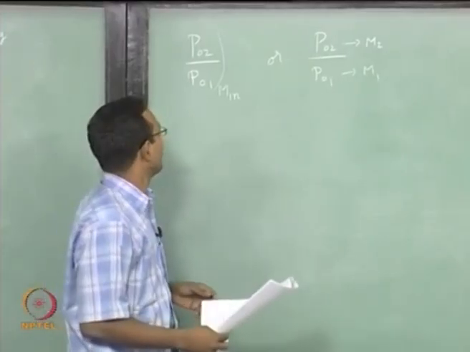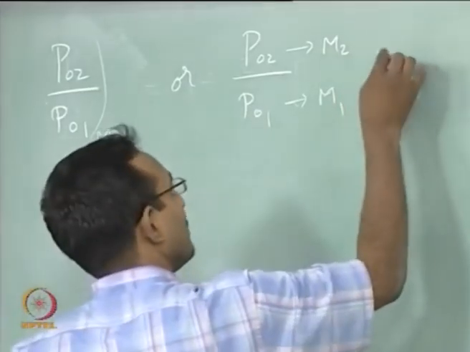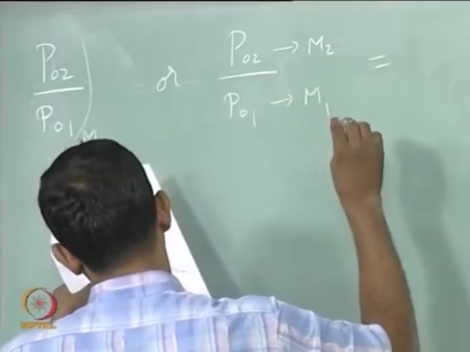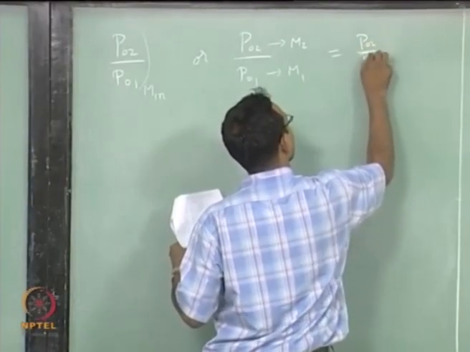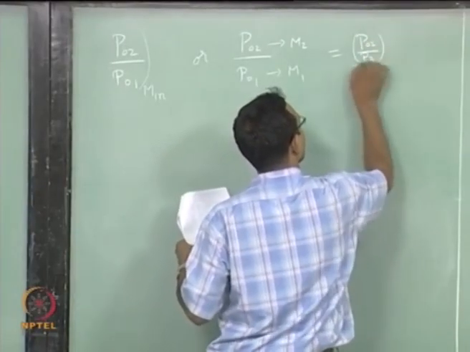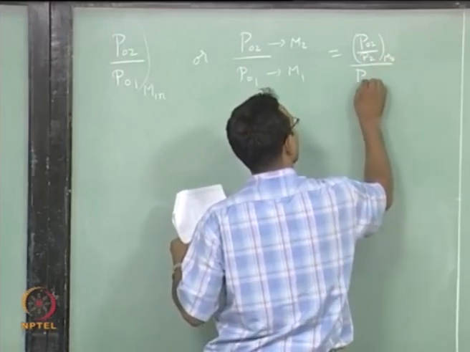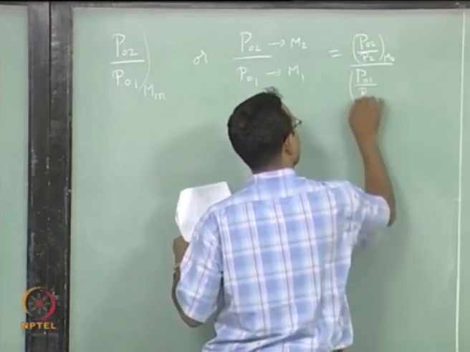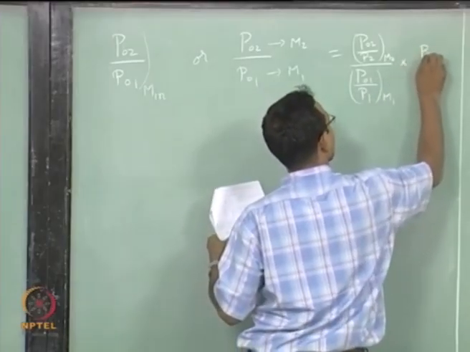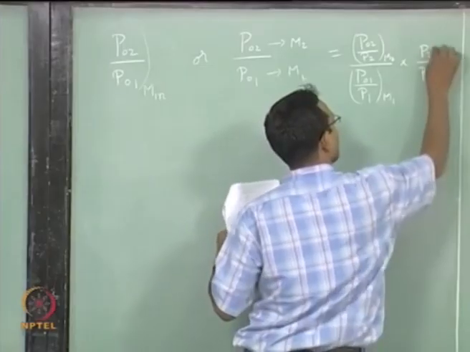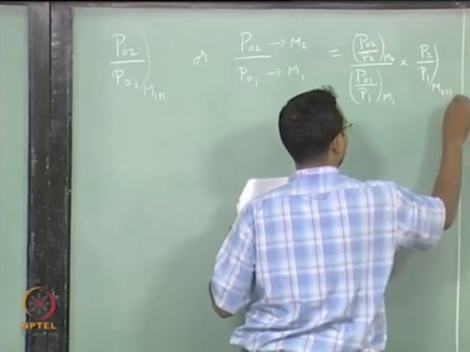It looks like if I write this expression, this is going to be P02 by P2, based on M2, divided by P01 by P1, based on M1, multiplied by P2 by P1, which, of course, does not matter whether it is M1 or M1 normal, we already showed that last time.